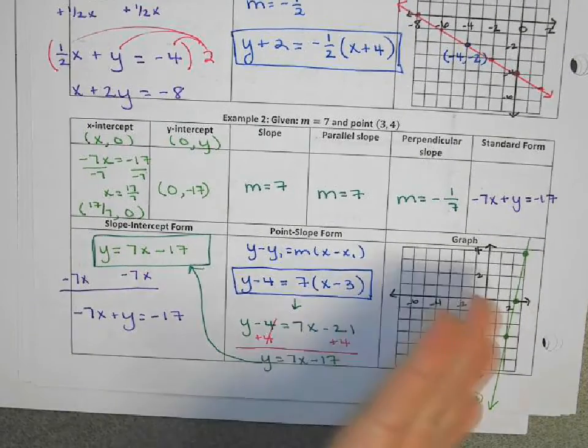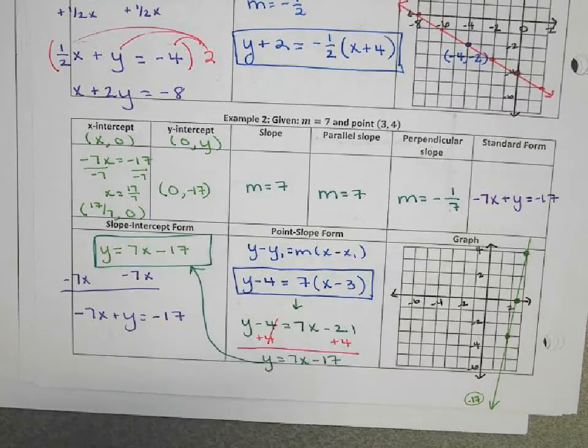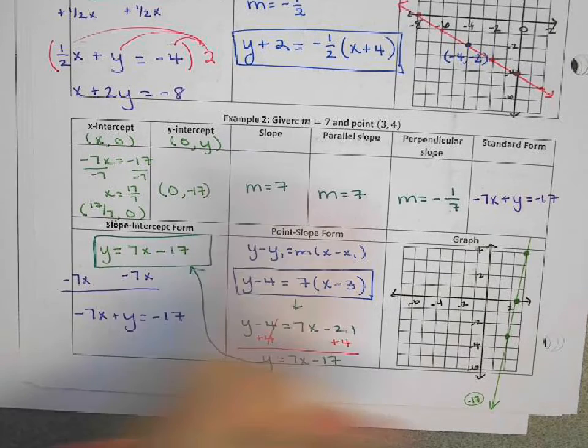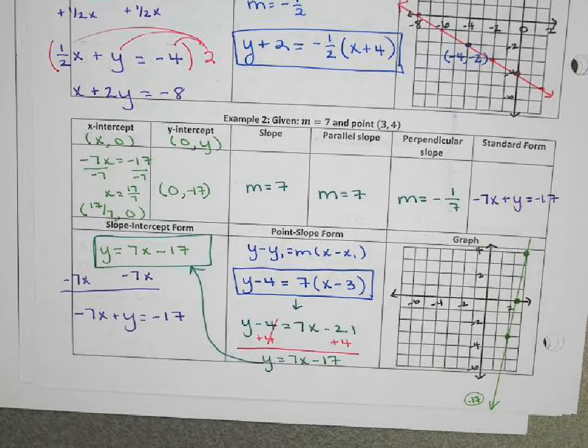But we don't really know where in between 2 and 3 it is hitting. So you can't use the graph in this one because it doesn't hit it in a nice spot. It's not exactly at 2, 0. It's not exactly at 3, 0. And it's not at 2.5 either. So we had to plug in 0 to our equation so we can figure out exactly where it hits on that graph. Does that make sense?